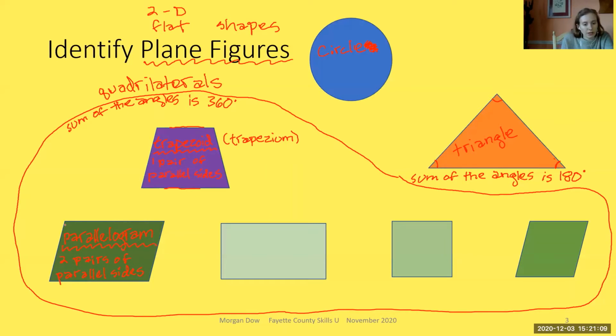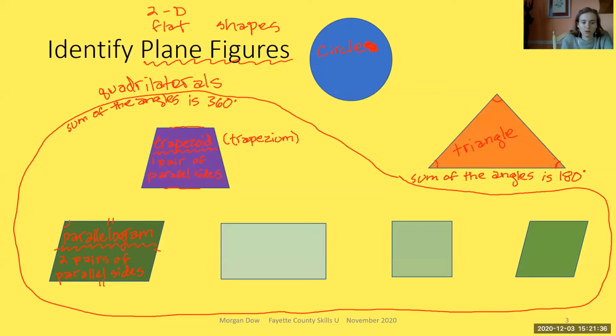You might also notice that with this parallelogram, the right and the left side are equal, right? They're the same length. So I can use these matching tick marks to show that the right and left side are equal to each other. And the top and the bottom are also the same length. So I'll put 2 tick marks there to show that those 2 sides match up to each other. And then it's also the case that the opposite angles are equal to each other in a parallelogram.